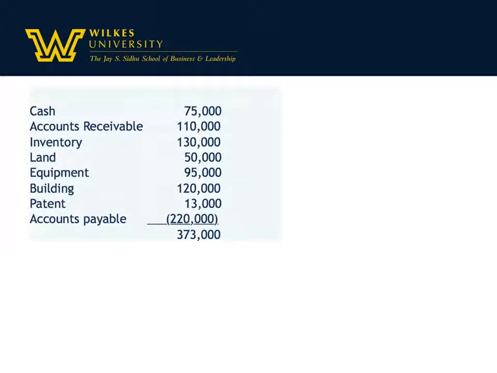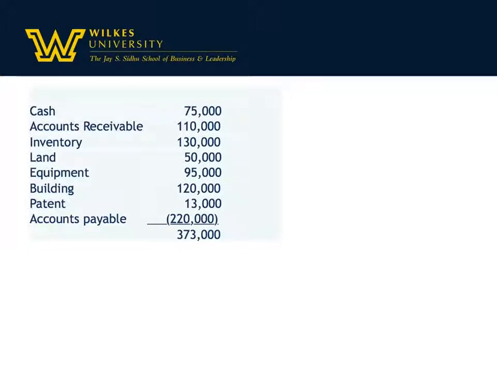And these values here are actually the net book value to the company doing the selling. So the net assets are $373,000. But we're not going to worry about what they are to the seller. We're only going to worry about what it is that we are buying.